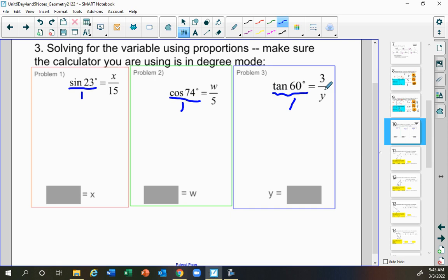That's step 1. Now, step number 2. It says sine of 23, cosine 74, tan of 60. Those values are actually numbers.